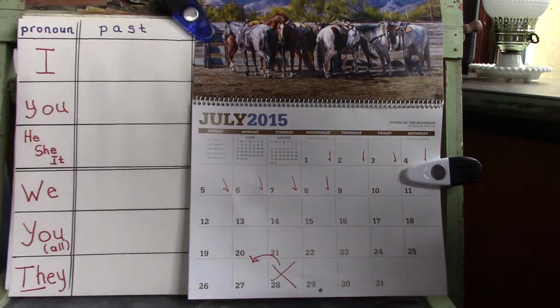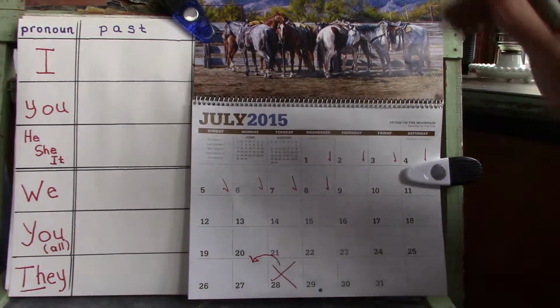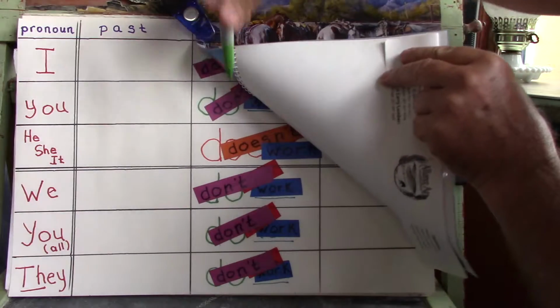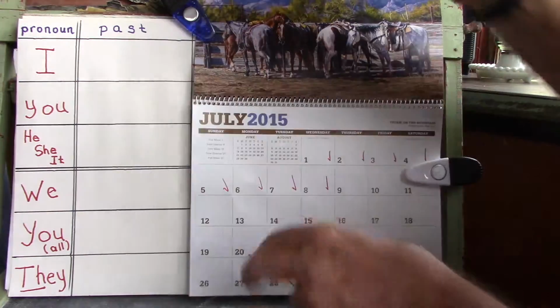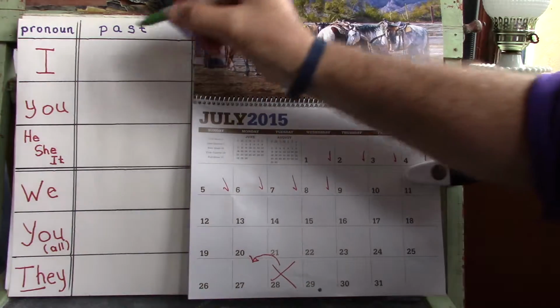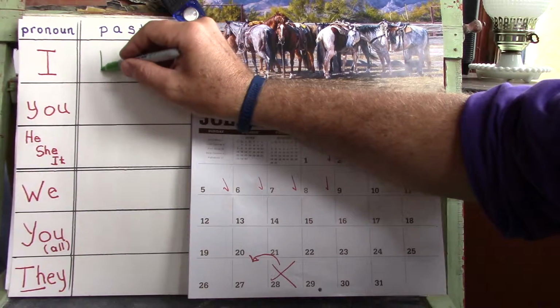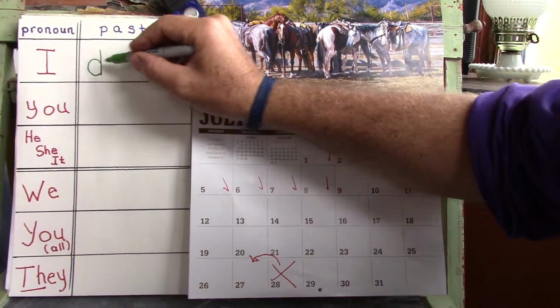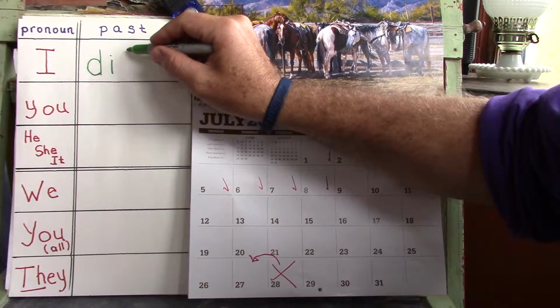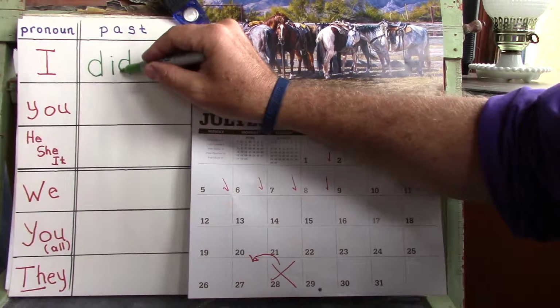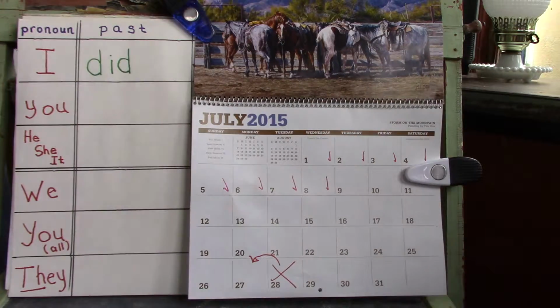For the verbs in the past, we have an auxiliary. Remember, it was do for present. For the past, we say did, D-I-D. I did.